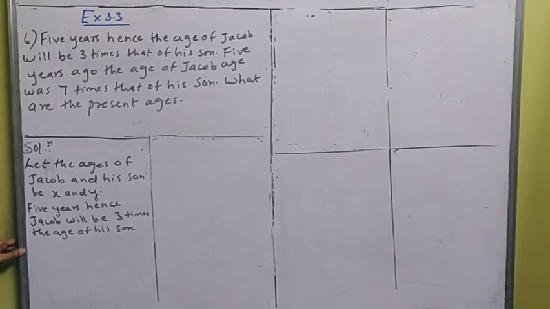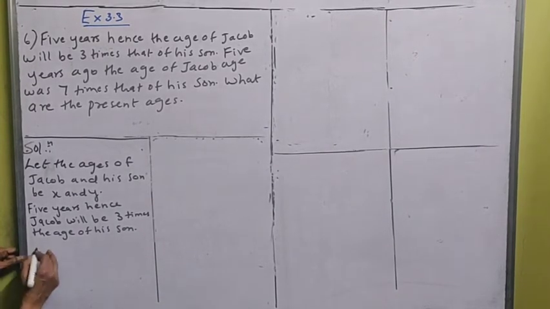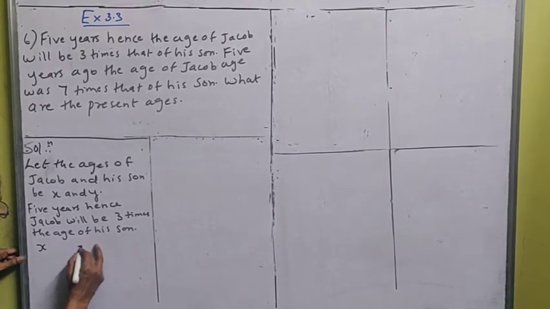That means 5 years hence means I will write down X for Jacob and Y for his son. 5 years hence means after 5 years.